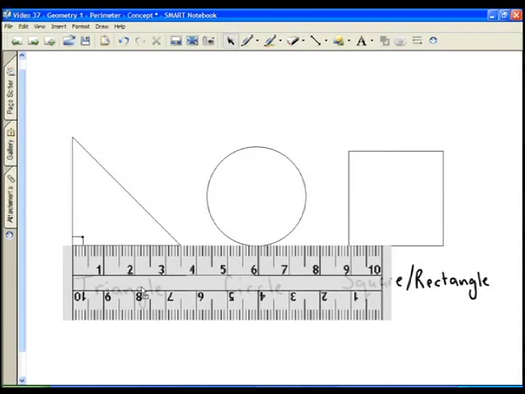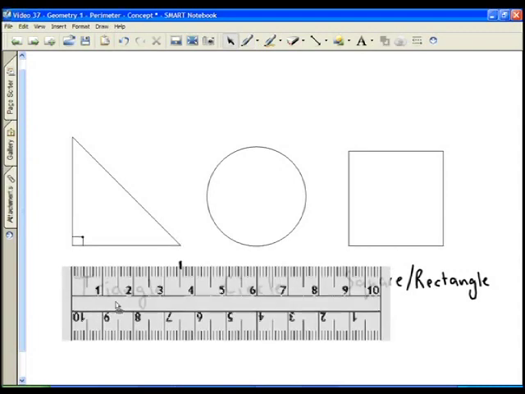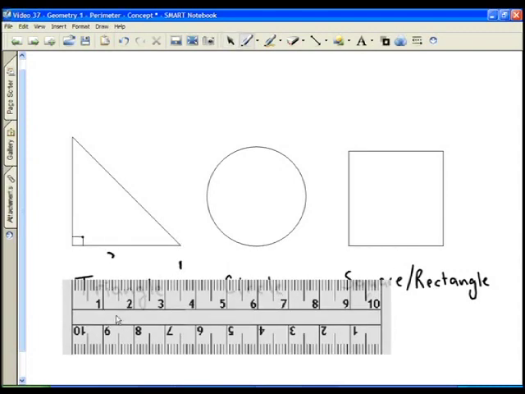Now, I've tried to make my lines pretty thin, and this will sort of be rough, but if we read this ruler, you can see we're in centimeters, and we're at 1, 2, 3, well, 3.5. 3.5 is a really good guesstimate right here for the length of this side. So we'll mark that on as 3.5 centimeters.